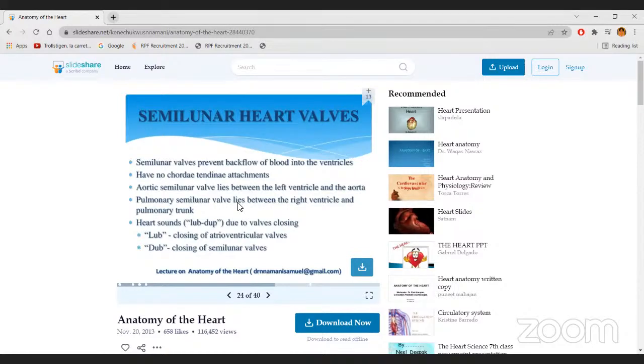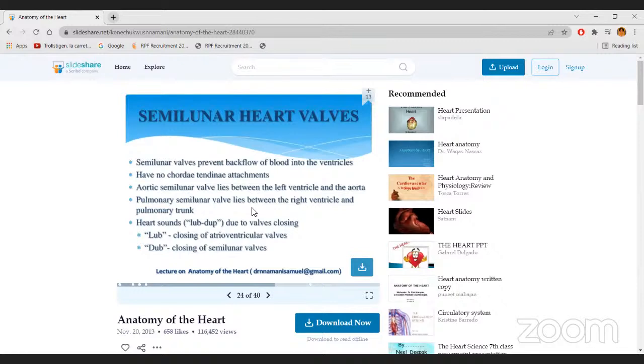The function of semilunar valves is to prevent the backflow of blood into the ventricles. They have no chordae tendineae attachments. The aortic semilunar valve lies between the left ventricle and the aorta, and the pulmonary semilunar valve lies between the right ventricle and the pulmonary trunk.